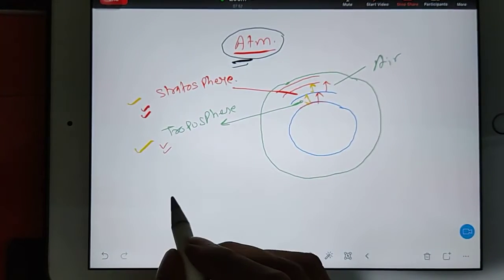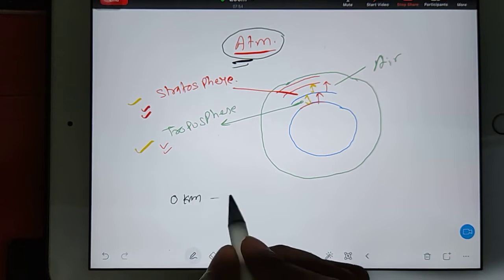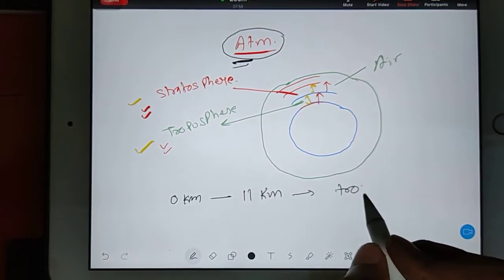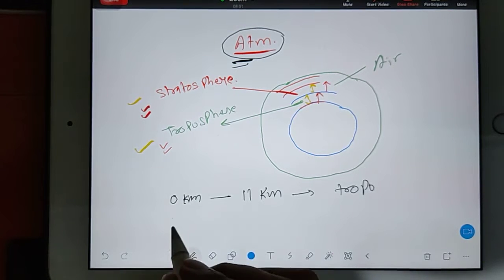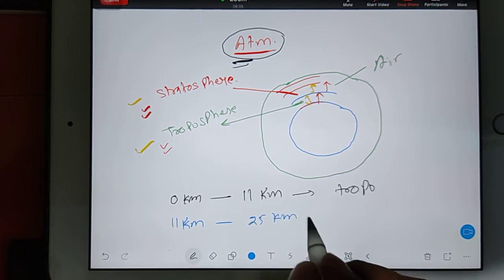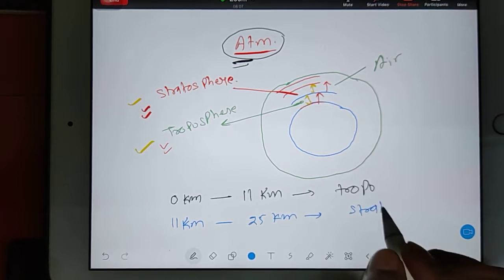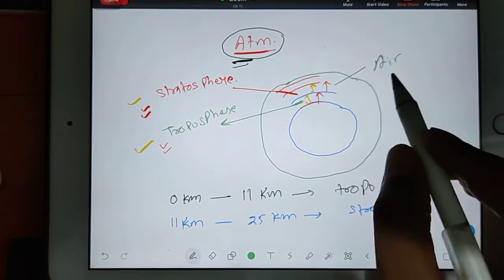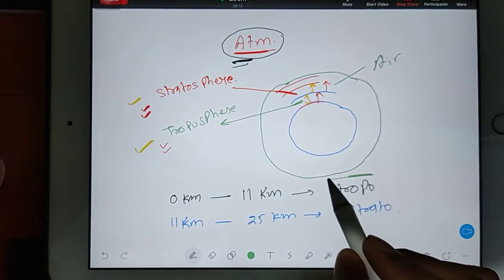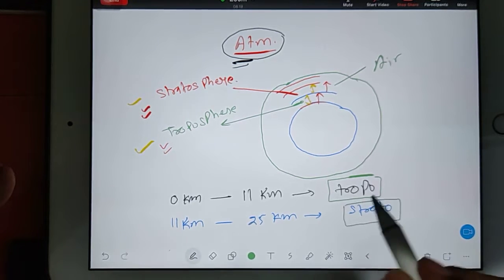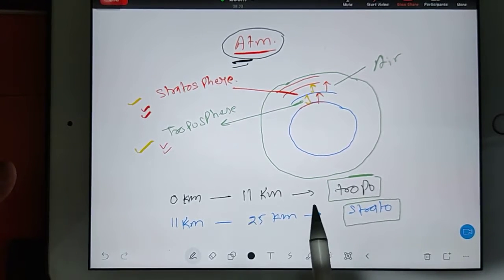So from 0 kilometer to 11 kilometer we consider troposphere, and from 11 kilometer to 25 kilometer we consider stratosphere. Whenever you finish troposphere and start stratosphere, in between you have a line.